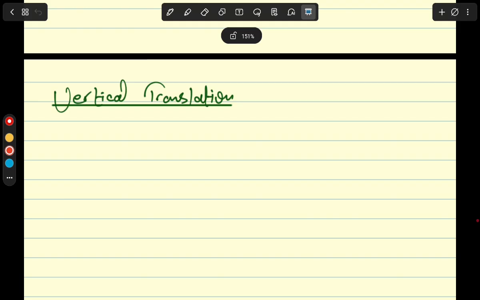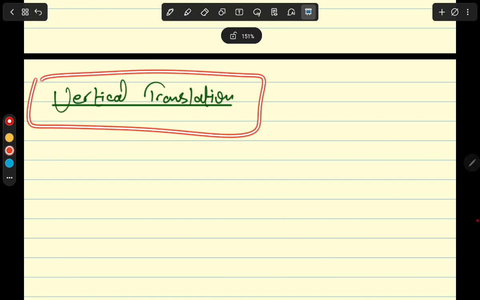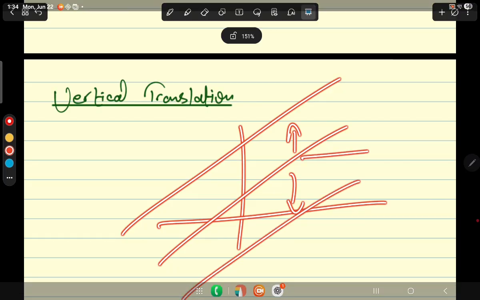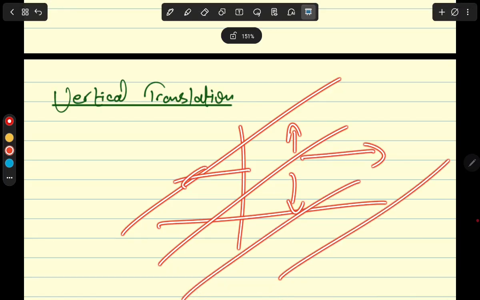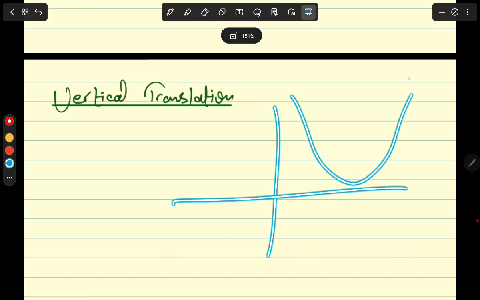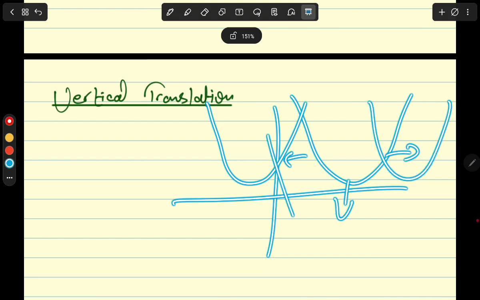If we are talking about a line, then it's either moving up, or moving down, or moving right, or moving left. Now, if it is a parabola, for example a quadratic curve, then it's either moving to the left, or moving to the right, or going down, or moving up, or a combined transformation.